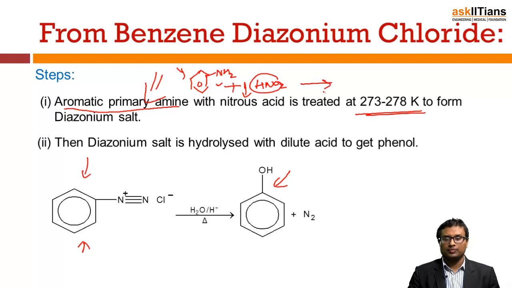You can use NaNO2 and HCl also to generate HNO2. Then at a temperature of 273 to 278 Kelvin, I will get my diazonium salt, and after getting it, you just hydrolyze it, and you will get a phenol. And remember, you will be getting nitrogen gas in this process.